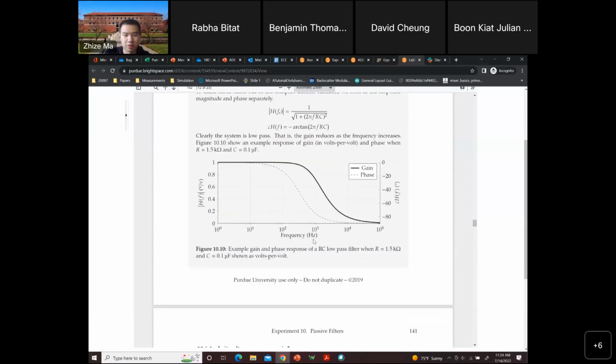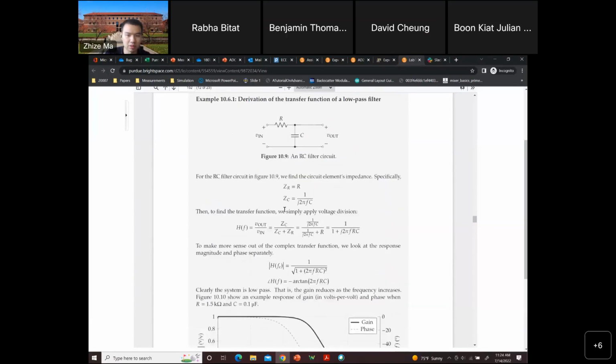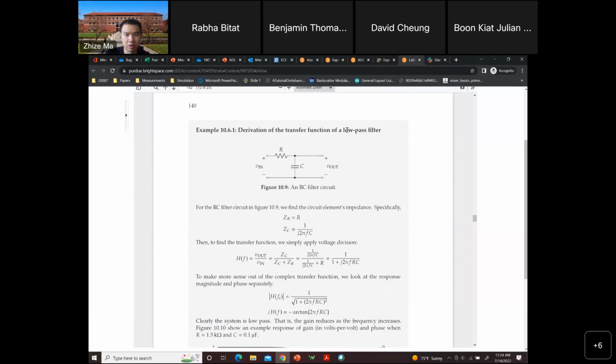The x-axis is frequency. The y-axis is the magnitude response of the circuit, which means you can see how the circuit works at different frequencies. For example, this circuit right here is a low pass filter.